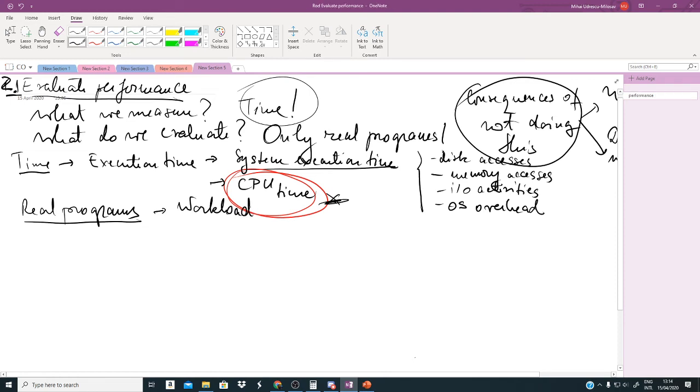So you give a workload to your computer when you use it, right? Your computer has a workload. The workload all the time is actually a mixture of programs. You don't run just one program, even if you want to, because of the operating system, you'll run many programs at the same time. So you'll have a workload anyway.